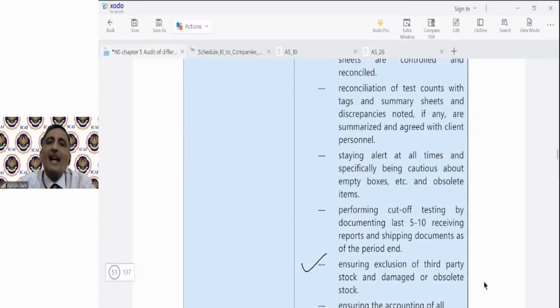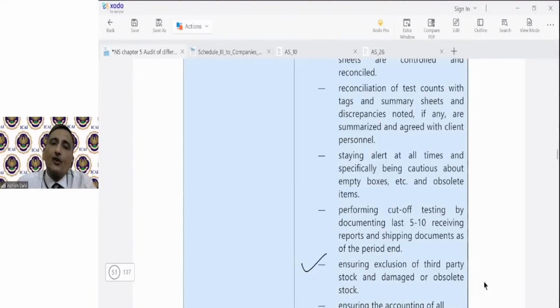Say the company has received some goods for job work. Now the company is not sending the goods for job work, but the company has received some goods for job work. It is also conducting its sales, but it is also conducting job work activities. It is earning receipts from job work activities.